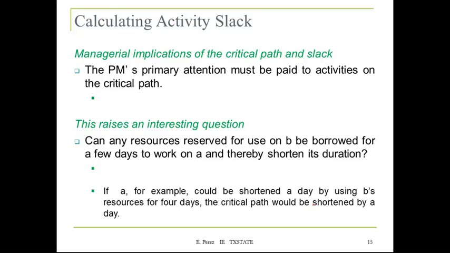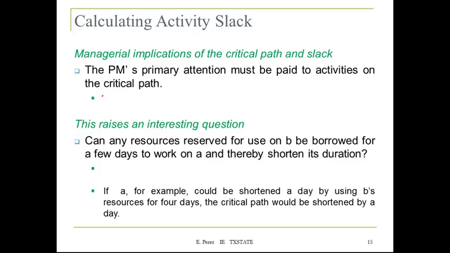So in terms of the managerial implication of the critical path and the slack, the project manager's primary attention must be paid to the activities on the critical path, and that makes sense. That's what's going to determine the duration of your project.